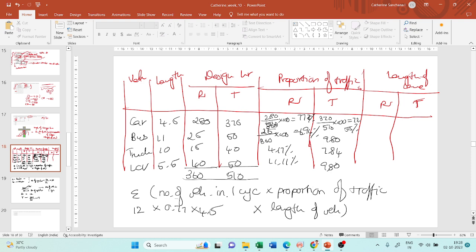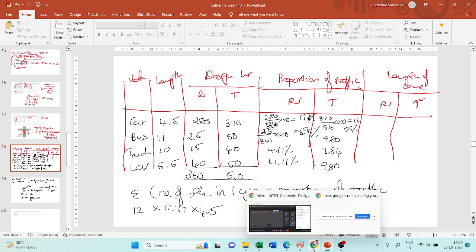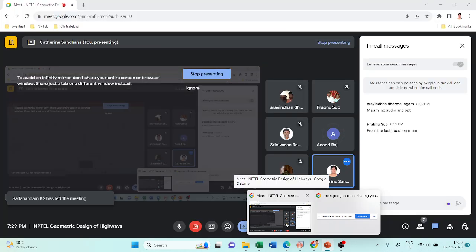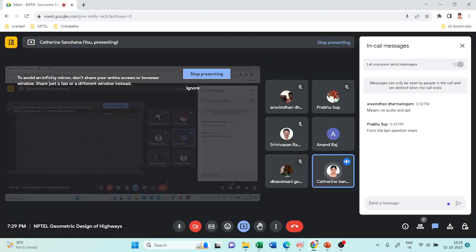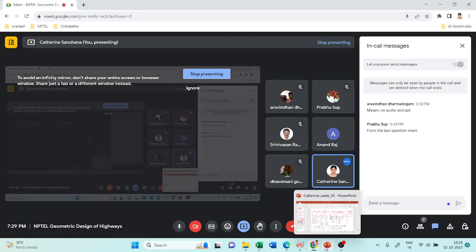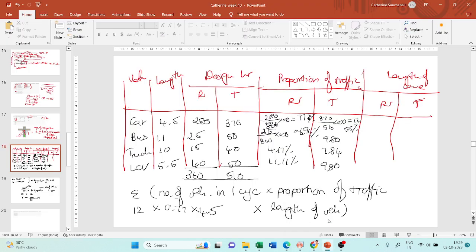Ma'am, we should not take the total number of vehicles in one cycle; we cannot take the total, we can take the individual vehicle.